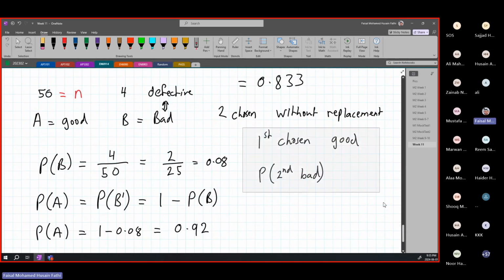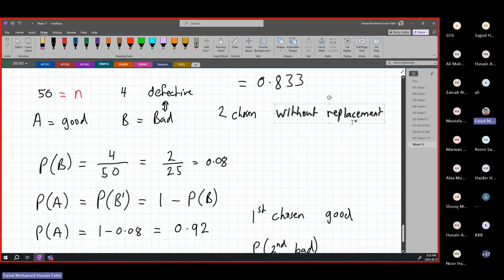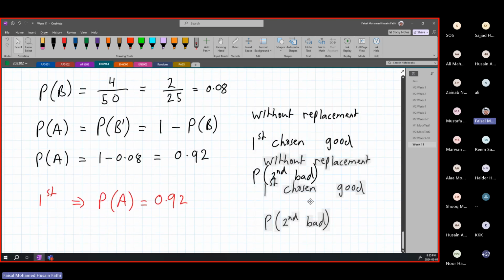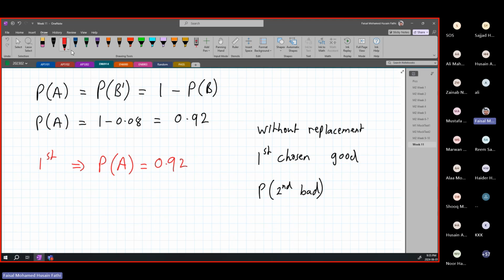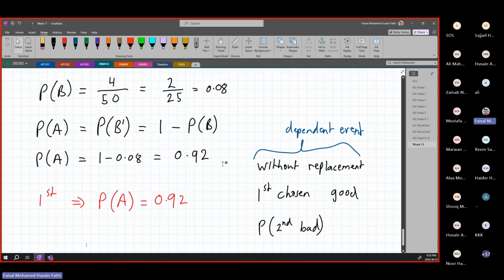This was our first choice, which was good. And remember that it is without replacement. Without replacement means this is a dependent event. When we choose one, the probability of the second one is going to change. It is no longer going to stay the same.